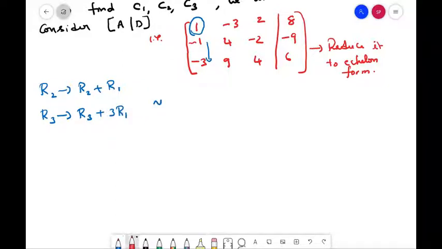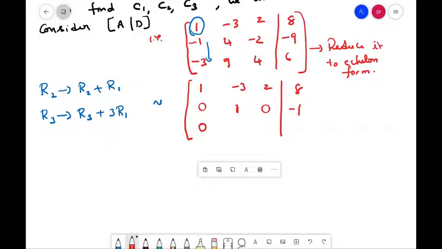This is transformed to this matrix: 1, minus 3, 2, 8, and then 0, and next is 4 minus 3, 1; minus 2 plus 2, 0; minus 1, and then next one, this also will be 0 because 9 minus 9 is 0, and next is 4 plus 3 times 2, which is 10, and then 6 plus 3 times 8, which is 30.